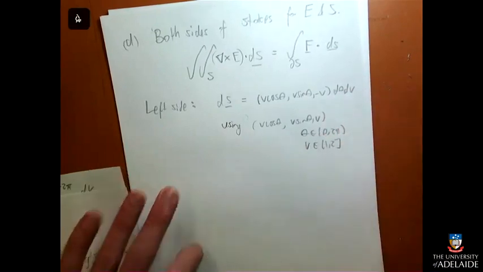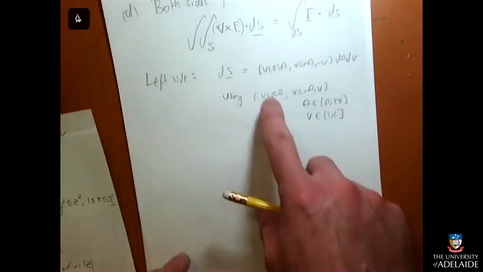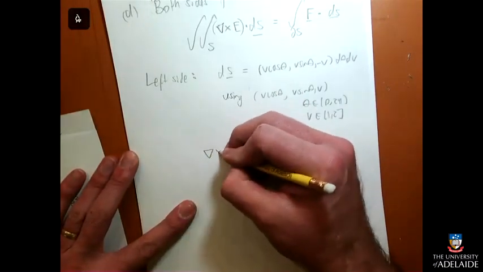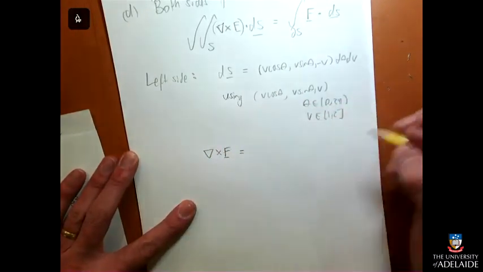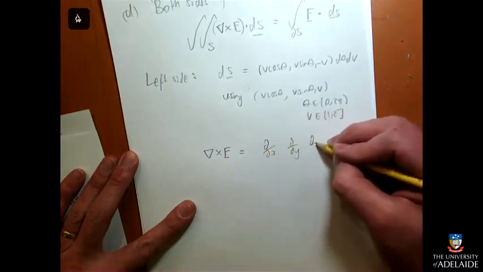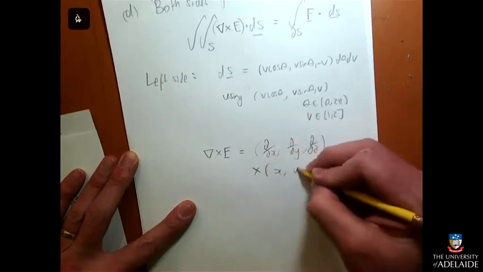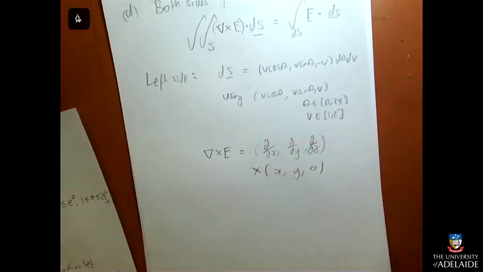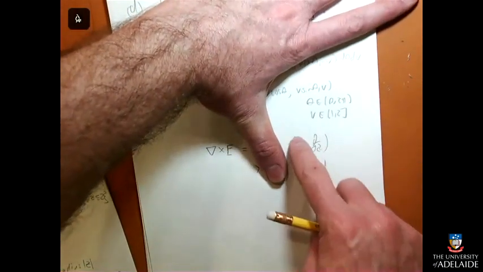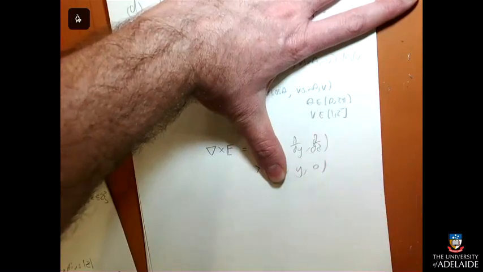Okay, so that's the left side. We're not done with the left side yet. We still have to do del cross f. The first one will be d0 on dy minus dy on dz, which is 0.